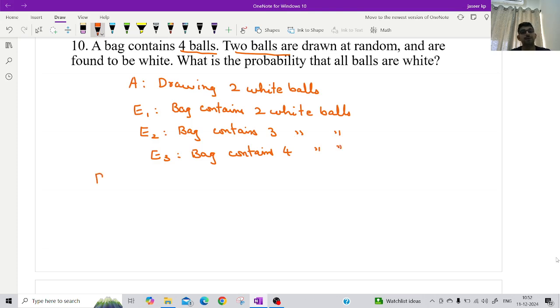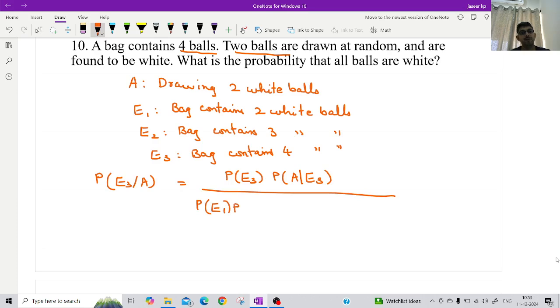Now as per the question we have to find, we already got 2 white balls, what is the probability that all are white balls? So using Bayes theorem, P of E3, P of A given E3, that will come in the numerator. Then 3 partitions are there, P of E1, P of A given E1 plus P of E2, P of A given E2 plus P of E3, A given E3.